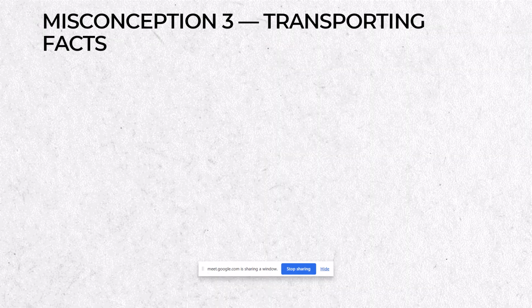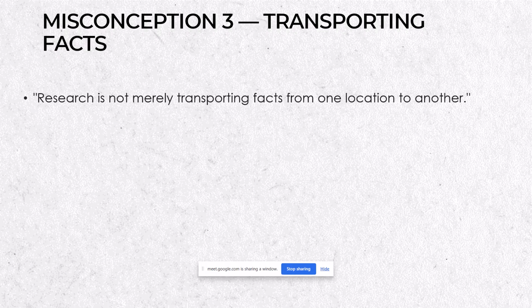Let's look at the third misconception, transporting facts. Research is not merely transporting facts from one location or one domain to another domain.